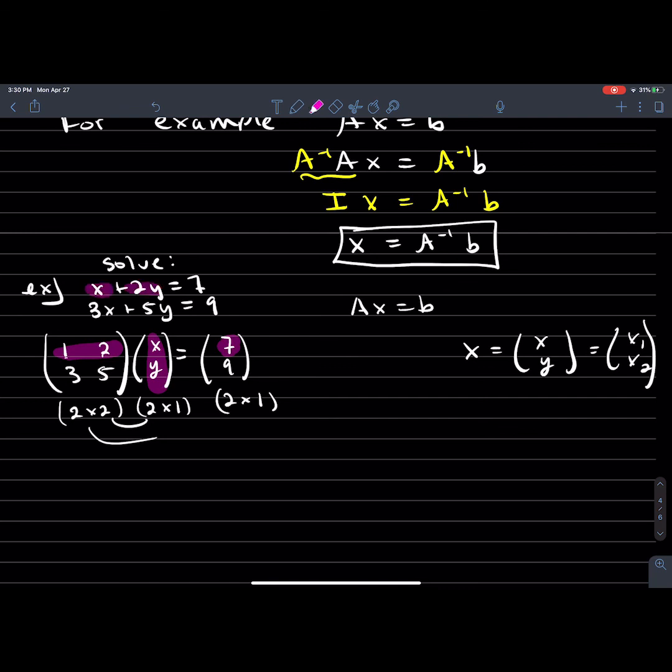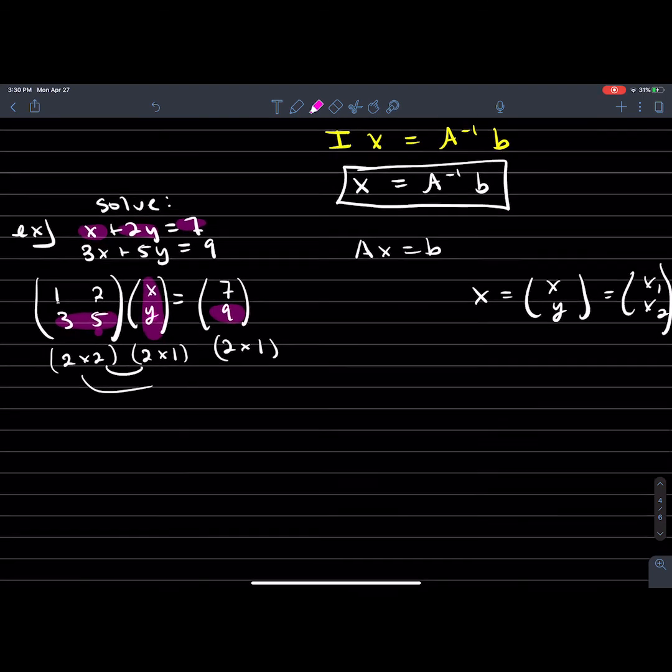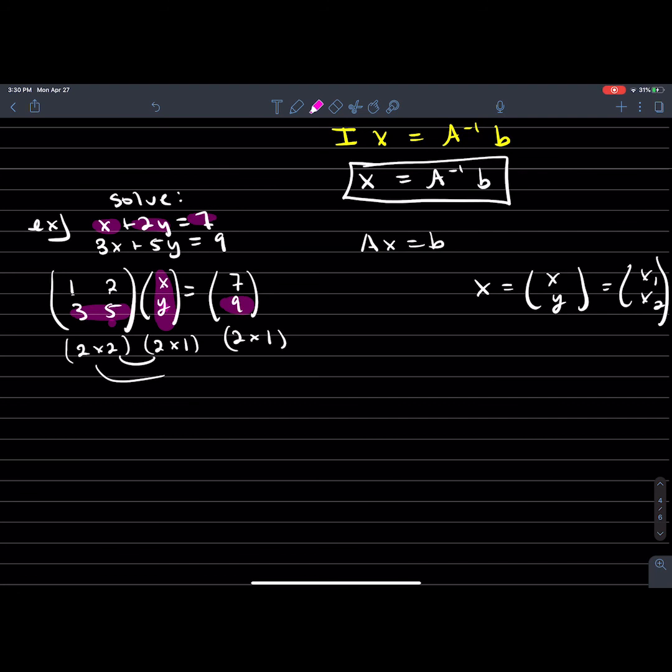So 1x plus 2y equals 7. And my second one, obviously, 3, 5. If I multiply 3x plus 5y, then I get 9. So it works. So now we have our matrix equation AX equals B.